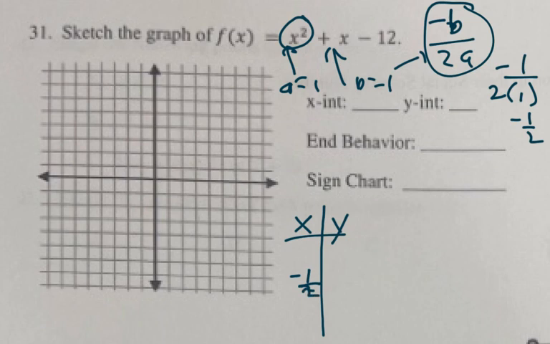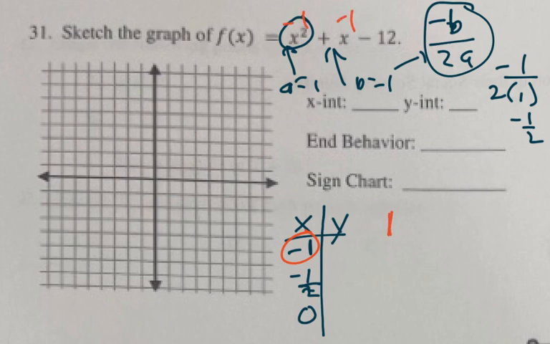Now that I know where the vertex is, I'm just going to pick a number smaller, like negative 1, for instance, and a number bigger, like 0. And if I plug those three numbers in, I'm going to be able to get the graph. So I'm going to start with negative 1, plug it in here and here.